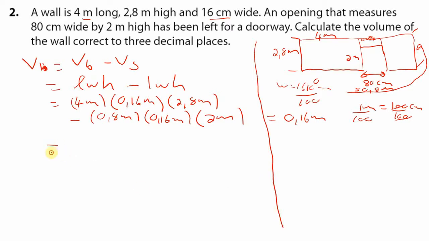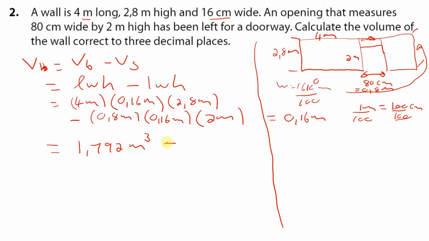So now it's simply a matter of getting our calculators out and doing the calculations. So we have 4 times 0,16 times 2,8, which is 1,792 cube meter.